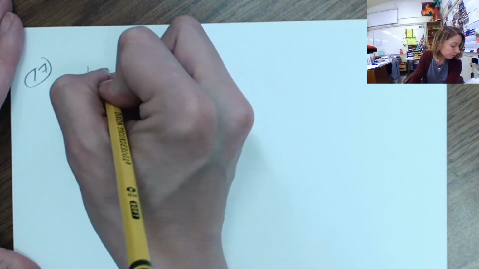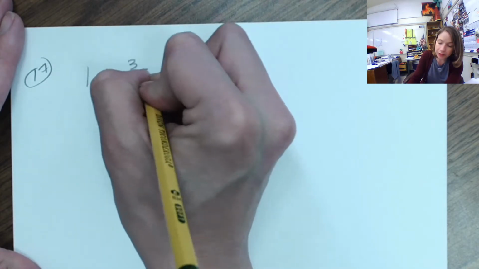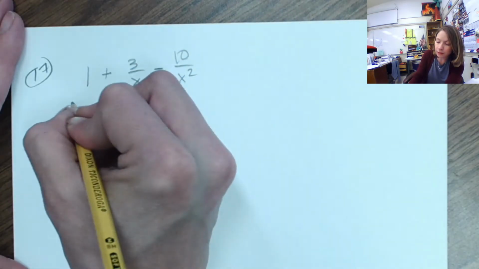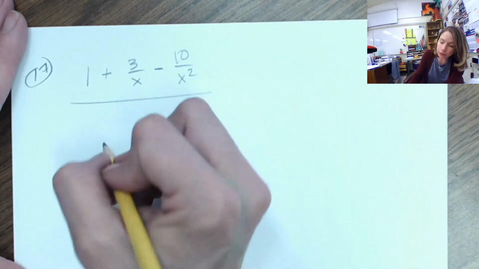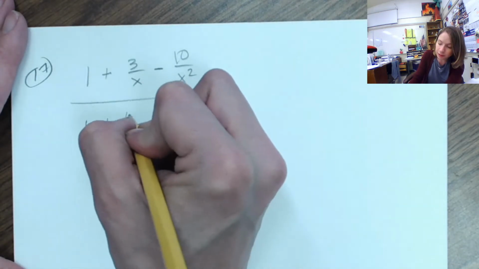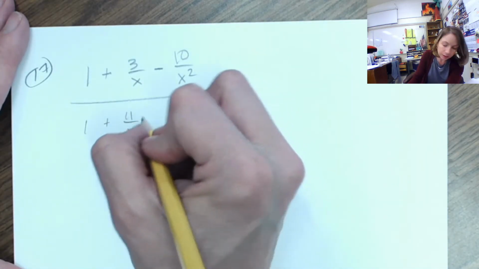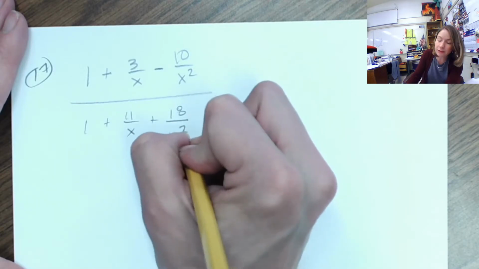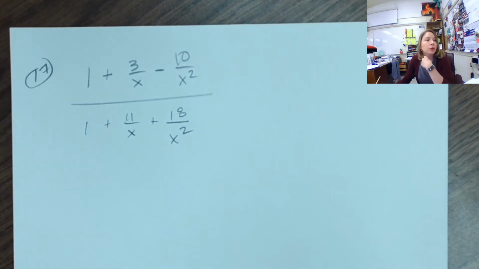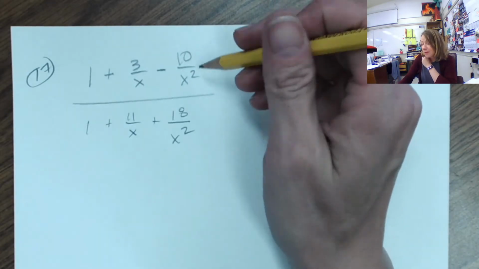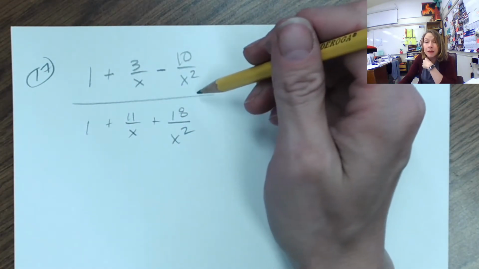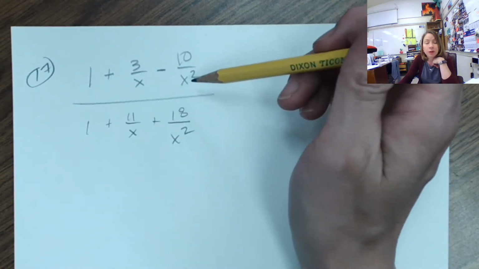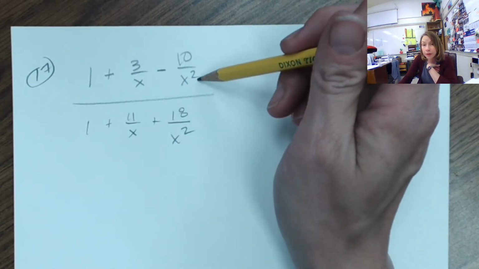So I've got 1 plus 3 over x minus 10 over x squared, that's going to be all over 1 plus 11 over x plus 18 all over x squared. So looking at this one, my common denominator of everything, I need to pick the biggest exponent, right? If I just multiplied everything by x, it wouldn't cancel here, so I've got to multiply everything by an x squared.